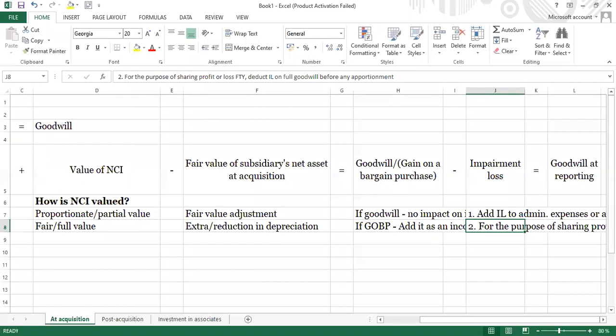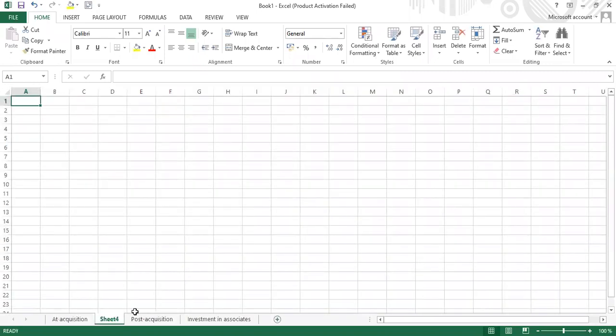So what happens? There is a fourth part. Let me just include that fourth part. The fourth part is apportionment of profit or loss for the year.